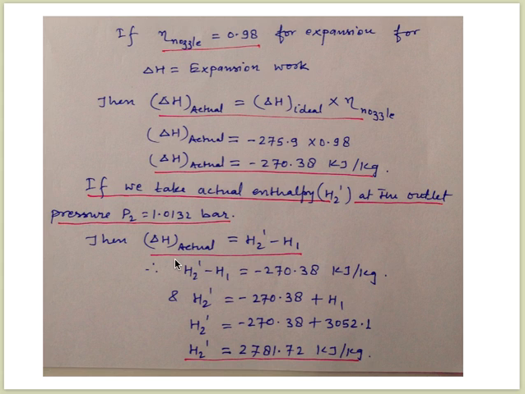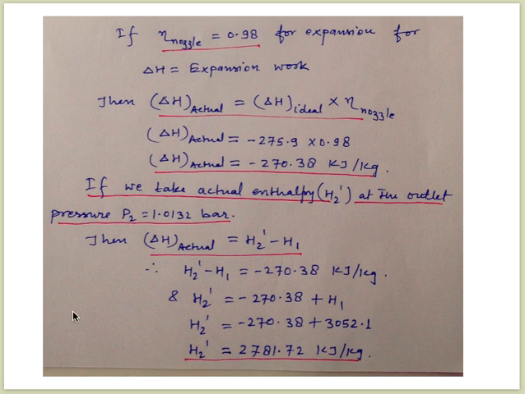Now, ideally the output stream enthalpy will be H2, but we are considering that actually it will be H2 dash. So delta H actual can be written as H2 dash minus H1, and we know that H1 is the enthalpy at 10 bar, which is 3052.1. From here we can calculate H2 dash, which is 2781.72.